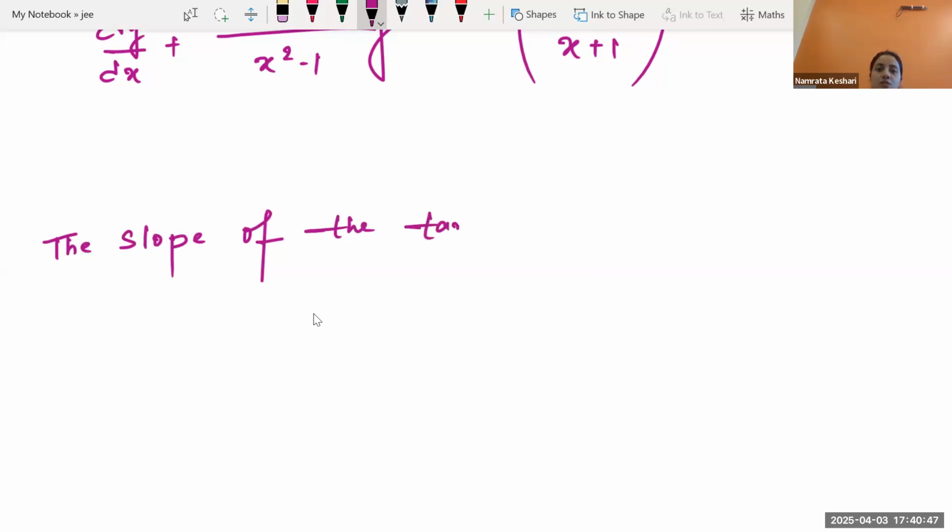Next question is the slope of the tangent to the curve.